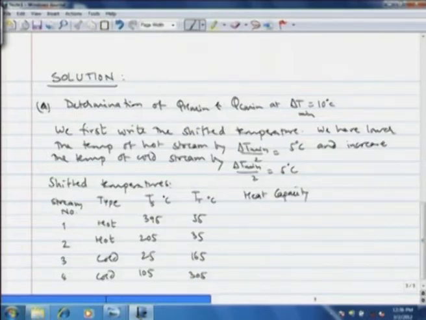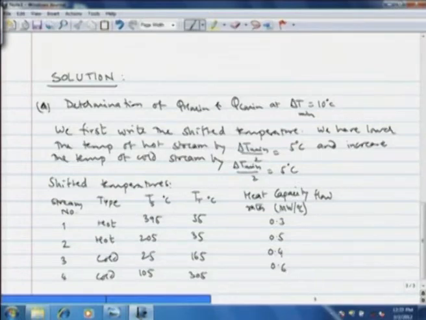I note down here the heat capacity flow rates for convenience: stream 1 0.3, stream 2 0.5, stream 3 0.4 and stream 4 0.6.